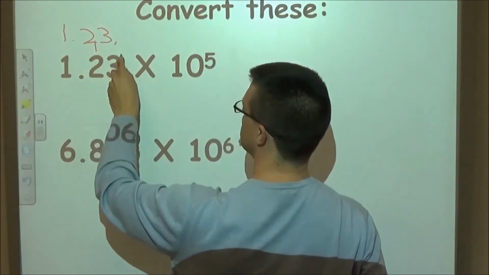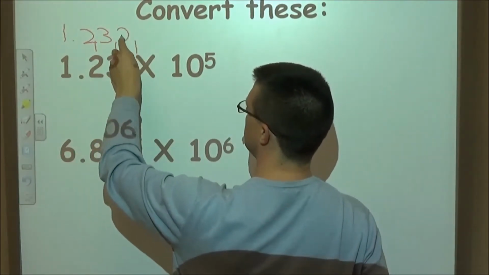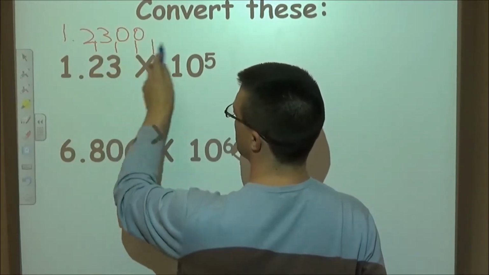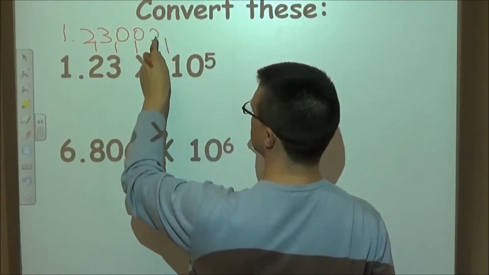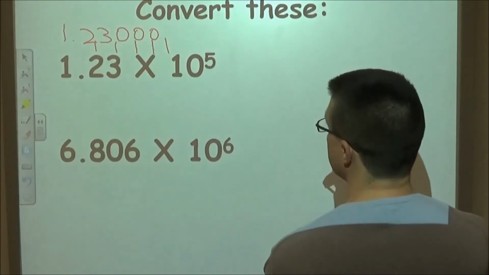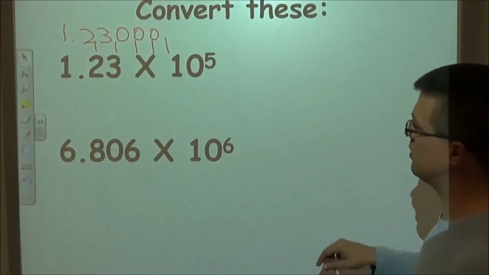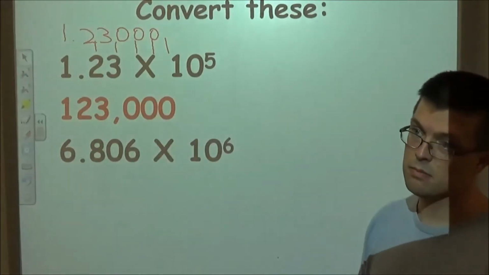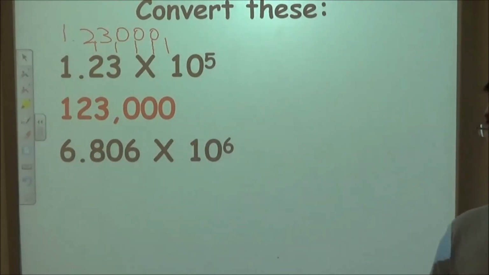So 1, 2, 3. No place there, put a 0. 4. So we've gone 4 places so far. 5. So it should be 123,000. Well, let's see if that's correct or not. And yes, it is. So you're just kind of reversing the process that you did just a while ago.